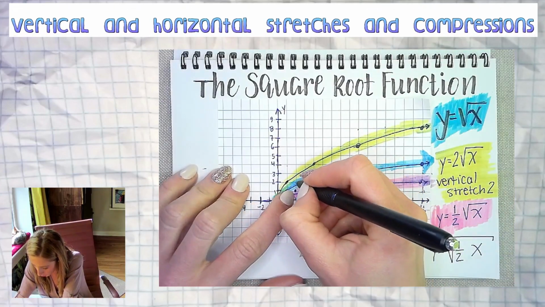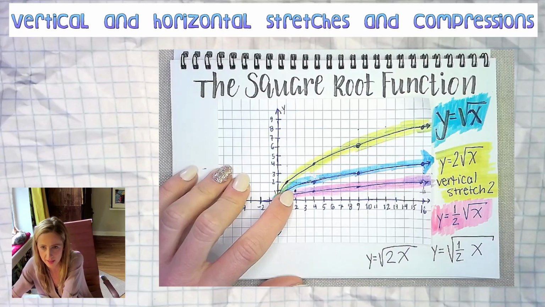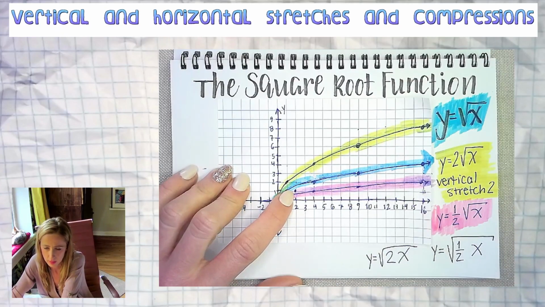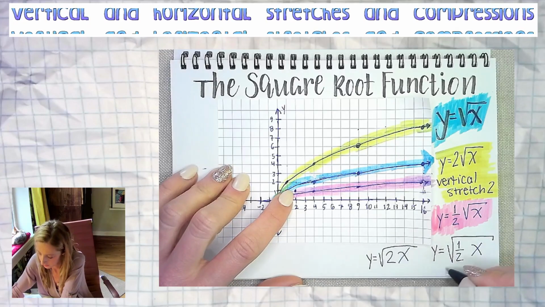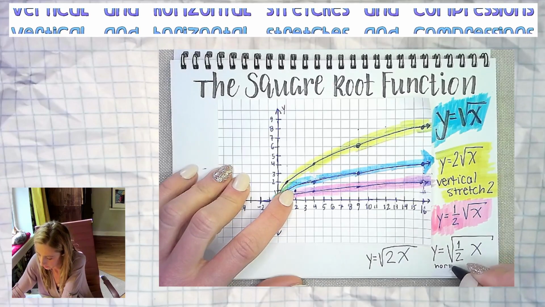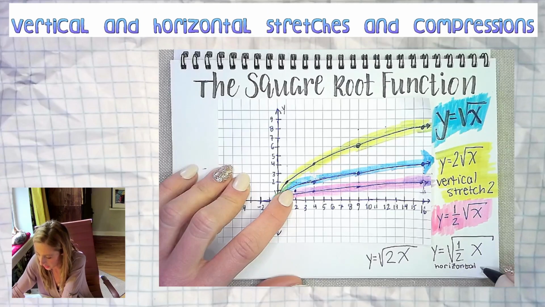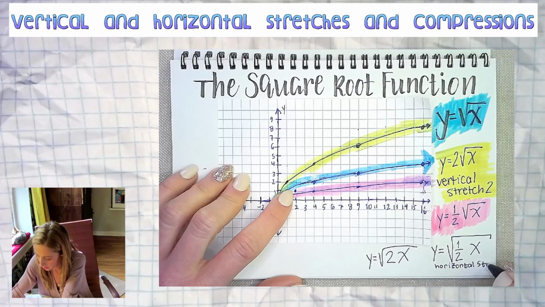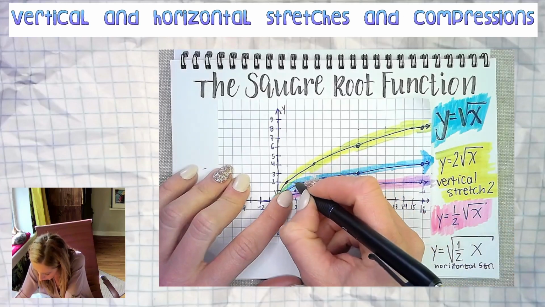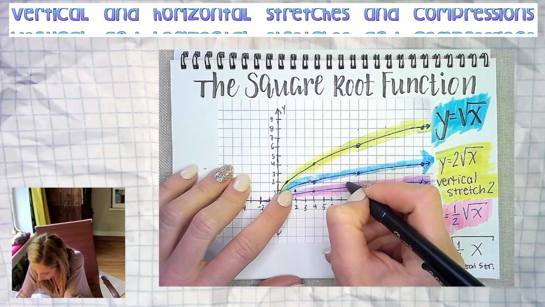Next, I normally go up 1 over 3. What do I do instead? Over 6. Good. Up 1 and over 6. Horizontal stretch. So up 1 over 2, 4, 6.